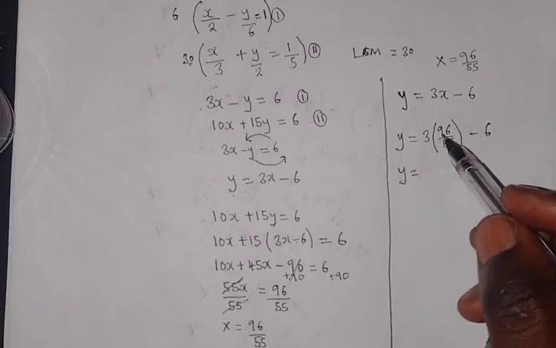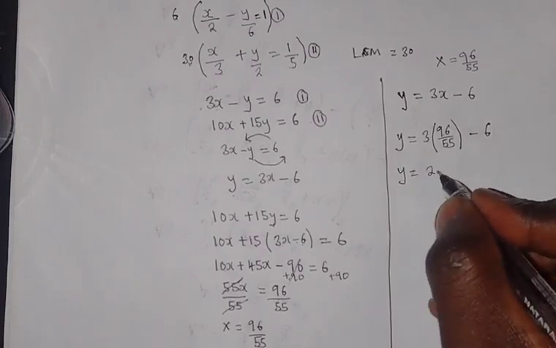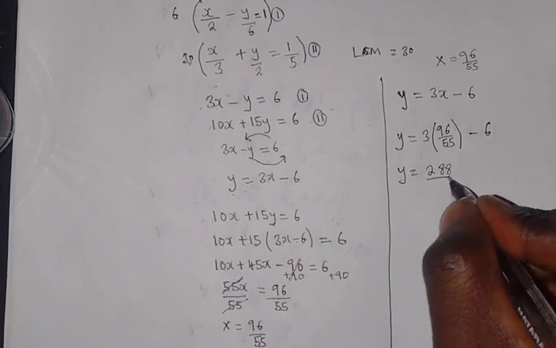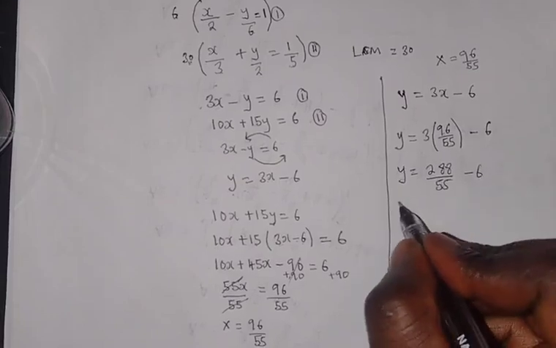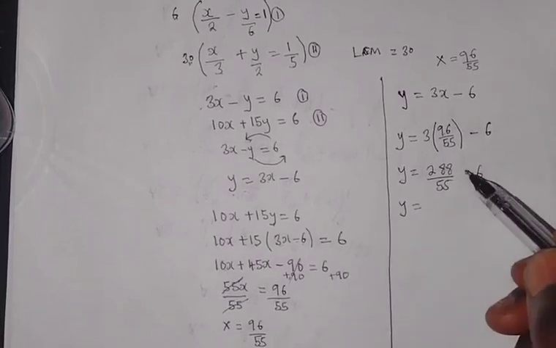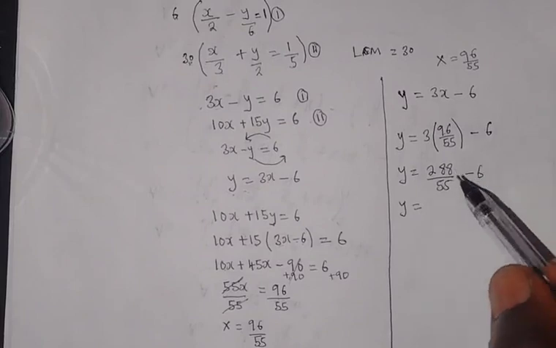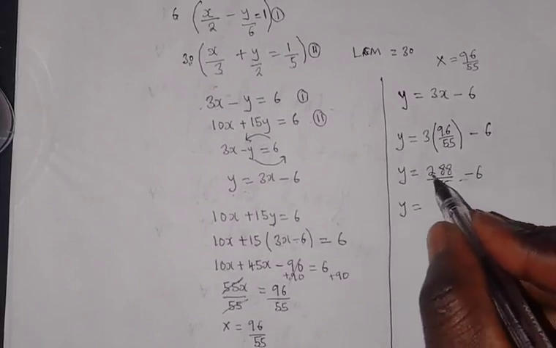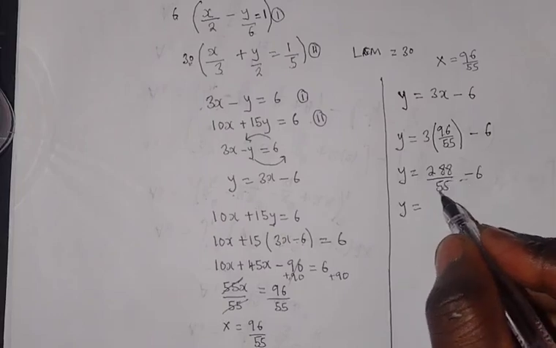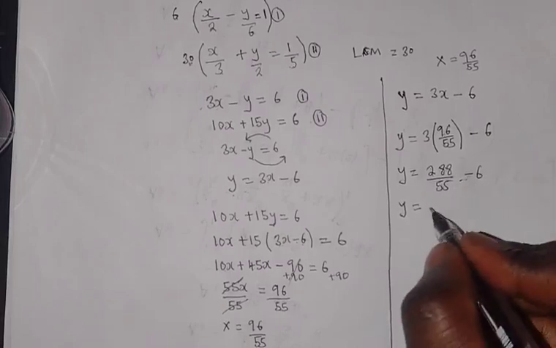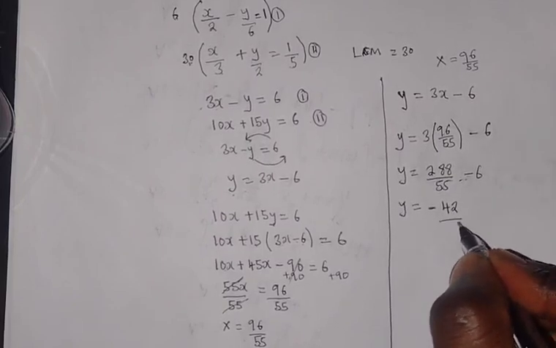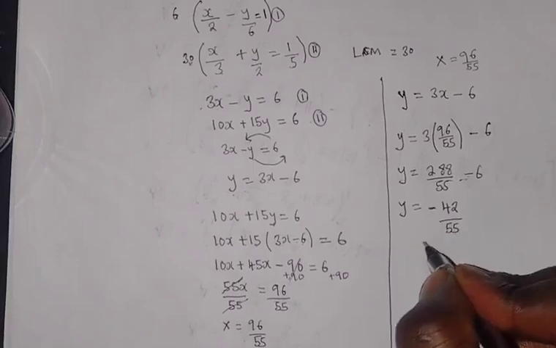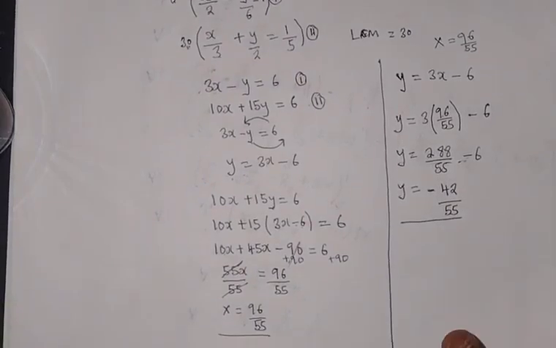We say 3 times 96, this will be 288 divided by 55 minus 6. So once you punch it on your calculator, 288 divided by 55 minus 6 will give us negative 42 divided by 55. So this is the value of y.